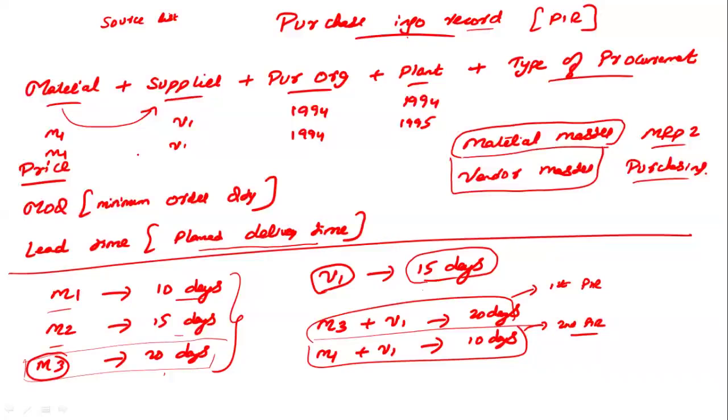That means whenever a supplier receives a purchase order, if all these combinations match in the purchase order, like material is M1, vendor is V1, purchase org is 1994, and plant is 1994, then the system will pick all the information from this purchase info record, the price and the lead time also, which is very, very important.